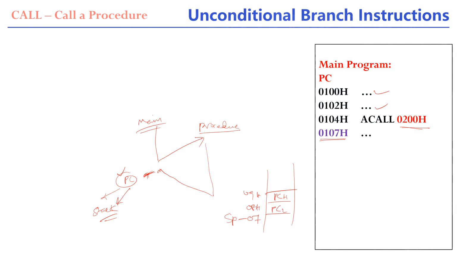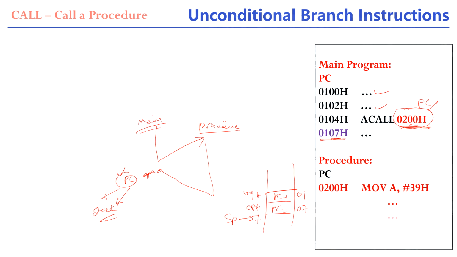The PC lower value is 07, so 07 will be stored here, 01 will be stored here, and then the PC is loaded with the destination address. Once PC gets the new address, that means 0200, it will jump to the procedure. So this procedure will be executing now.